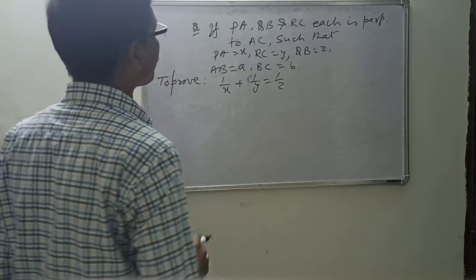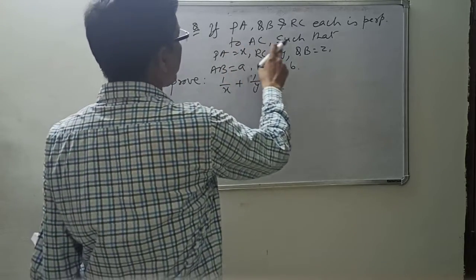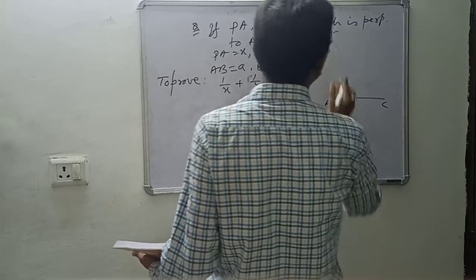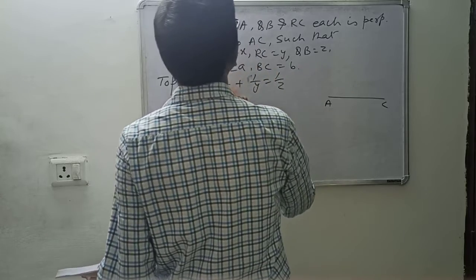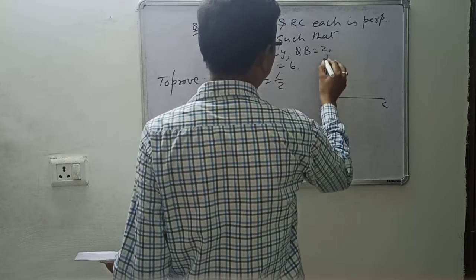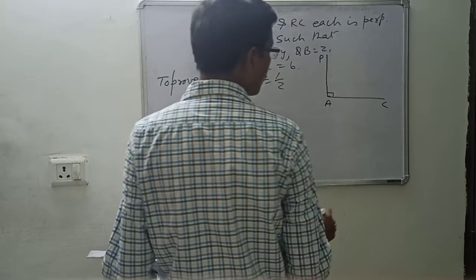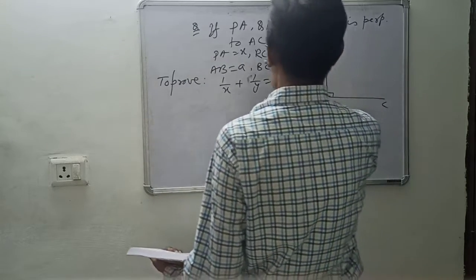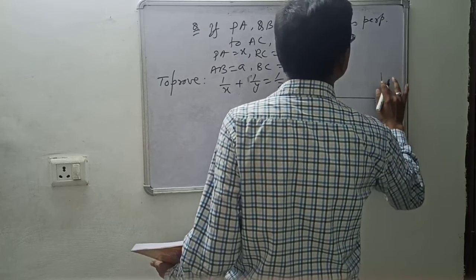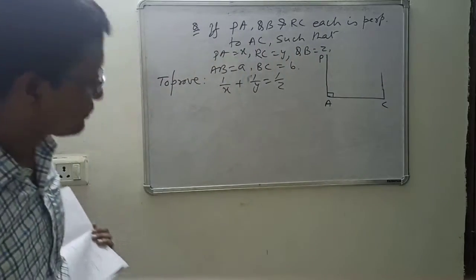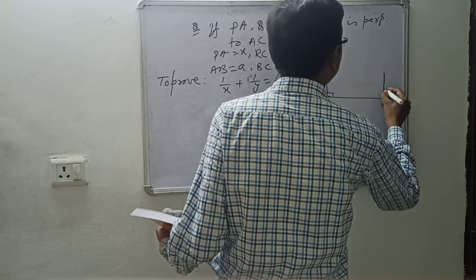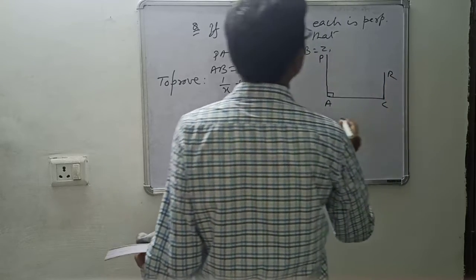First of all, if I draw the figure, everything is perpendicular to AC, means on AC everyone is perpendicular. First of all, you have PA, perpendicular to AC, and at point C, RC is also perpendicular.